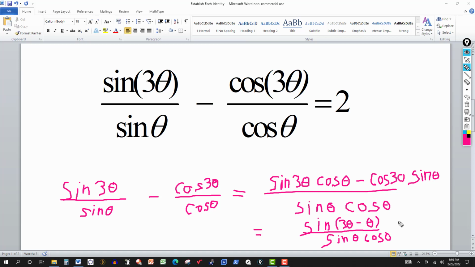So what do we have here then? Just do the subtraction there. This gives me sine of 2 theta, 3 theta minus theta, and that's going to be over sine theta cosine theta.